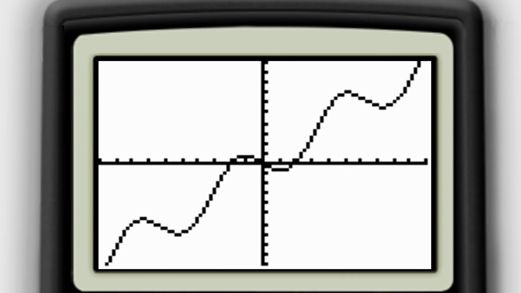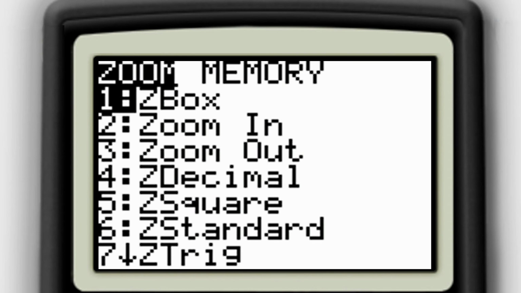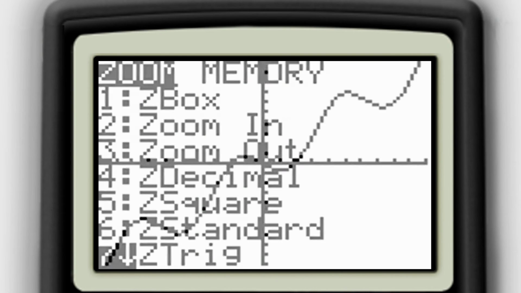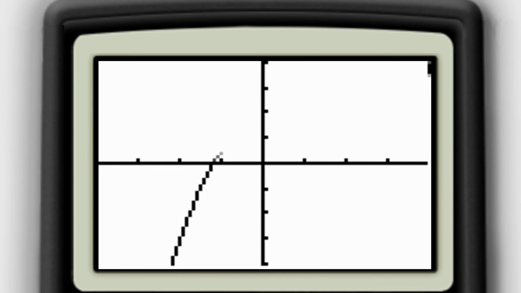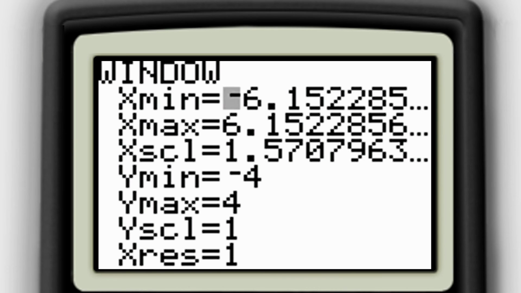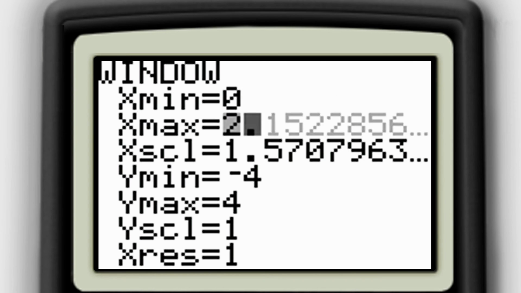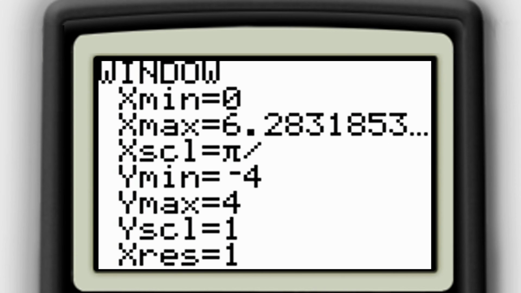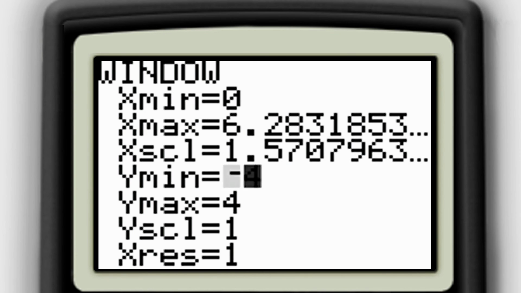Now, in this particular problem, because it's a trig equation, using a trig zoom would be a good idea. However, because I'm only interested in the interval between 0 and 2 pi, you may want to change the window so that the x coordinates are going from 0 to 2 pi, with the x scale of pi over 2 being appropriate. And for the y values, going from -3 to 10 is good for this particular graph.